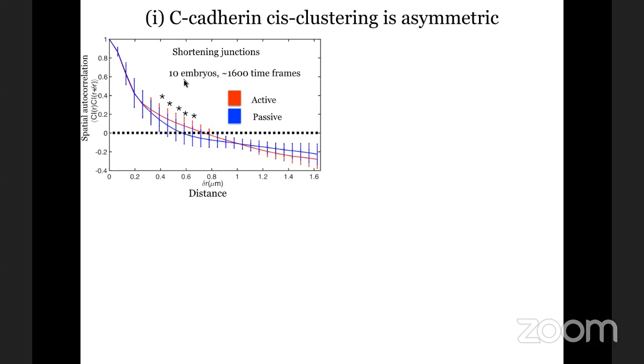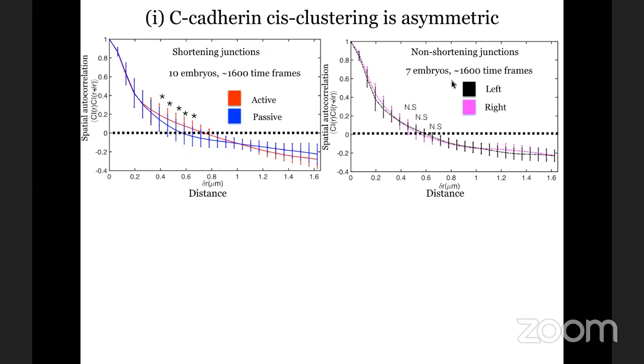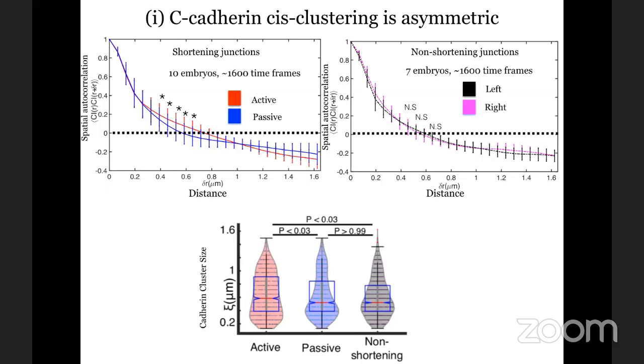This is averaged over 1,000 different instances in time from many different embryos. And what we see is that passive vertices show quicker decay in the correlation compared to the active vertices. While if we look at non-shortening junctions in the same embryos, this difference in cadherin clustering goes away. There is no palpable difference.